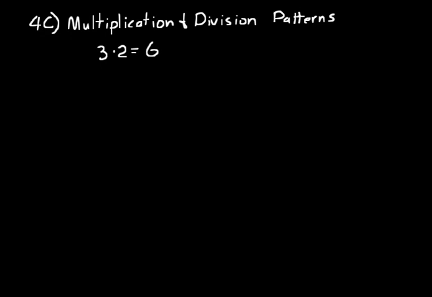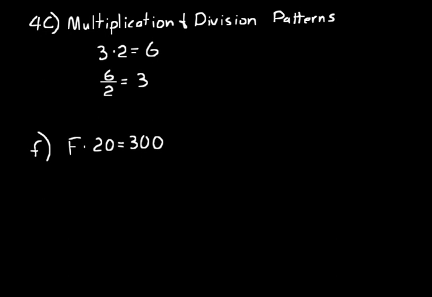We could say 6 divided by 2 equals 3. So that's what we mean by inverse operations. One undoes the other one. 3 times 2 equals 6. If we want to get back to the 3, 6 divided by 2 gets us back to a 3, or 6 divided by 3 would get us back to a 2.